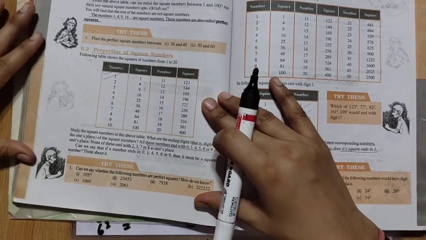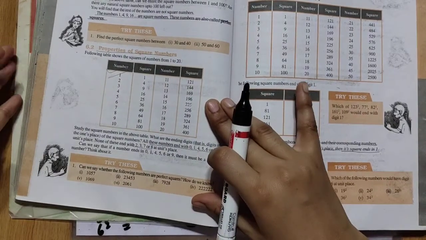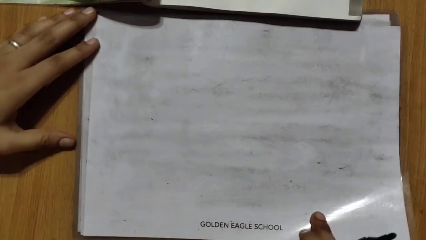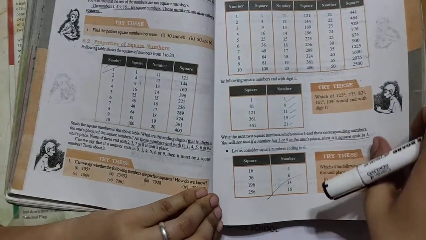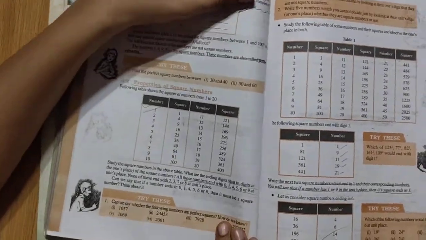Now coming to the properties. What is the property of a square number? I'll tell you the first property of square numbers, that is all these numbers end in 0, 1, 4, 5, 6 or 9 at the units place.